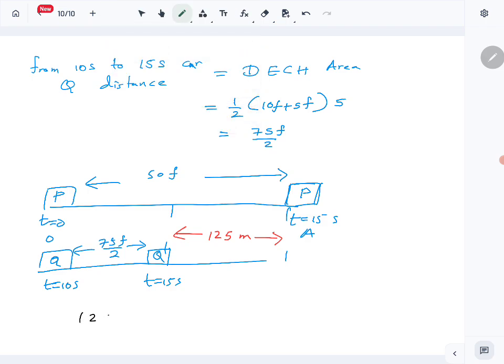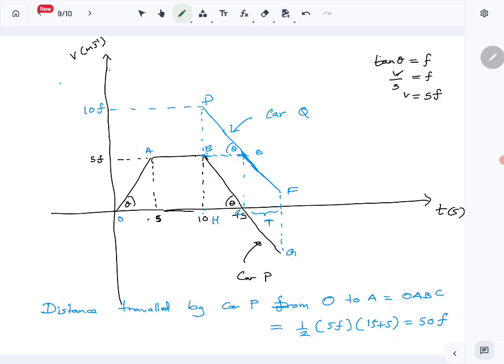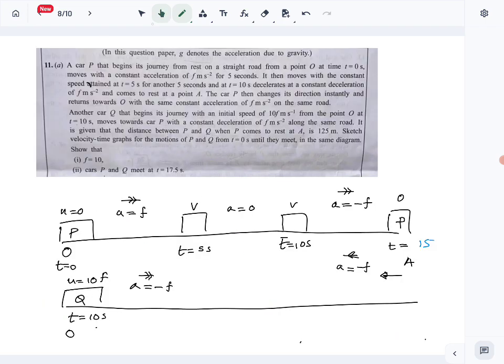So 125 is equal to 50f minus 75f over 2. So multiply by 2, 250 is equal to 100f minus 75f, or 250 is equal to 25f, then f is equal to 10, right? So that is shown, f is 10, right? So that part is done.